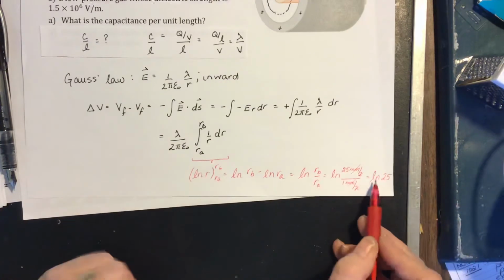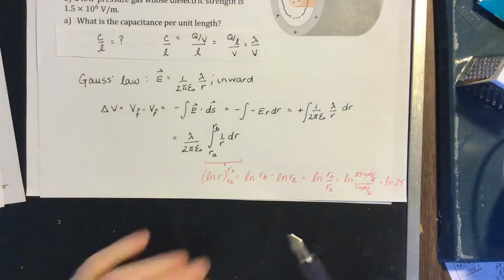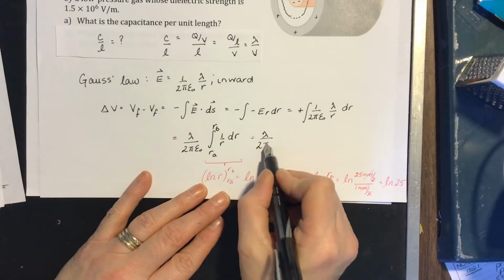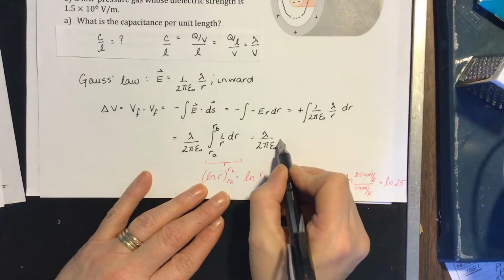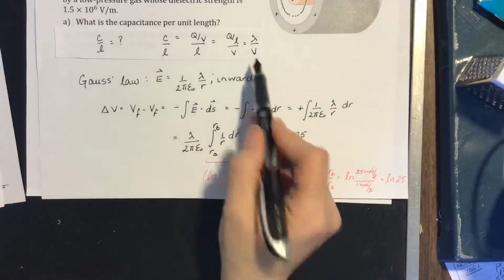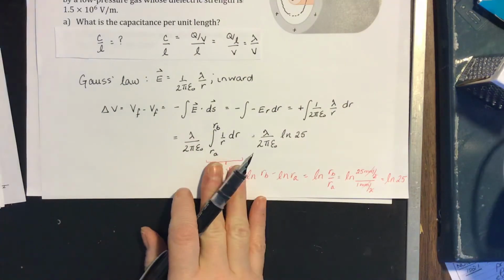So we can plug this in for our integral portion right here. Okay, so now we know our potential. We can plug this in for our capacitance, and we can find the capacitance per unit length.